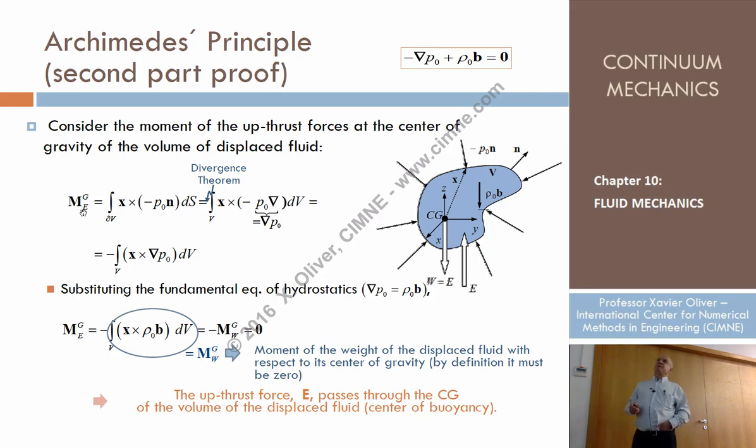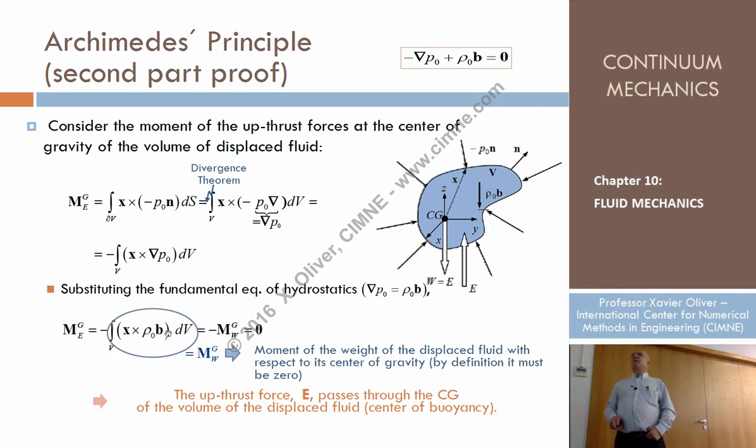The moment of the forces exerted on the boundary of the submerged solid, at the buoyancy center, at the center of gravity of the displaced body, can be expressed in that way: minus the integral over the body of x, being now the position vector of every point of this displaced fluid part, times rho 0 b.